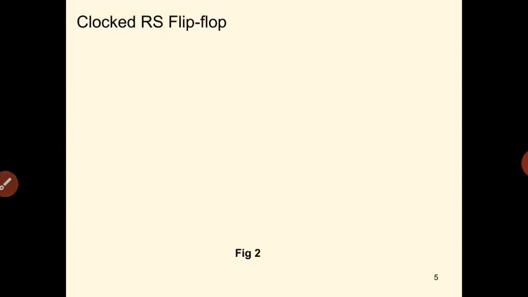Next we will see the extension of the basic RS flip-flop, that is, without applying clock. Now we will observe the operation of RS flip-flop with the application of a clock signal. We have seen in the previous lecture how to apply the clock to a flip-flop in different ways, like level triggered or edge triggering.